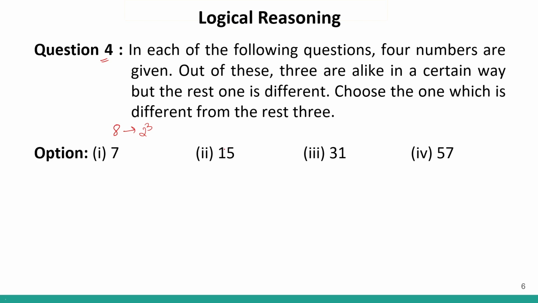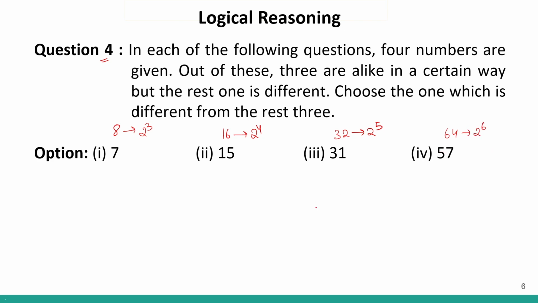Similarly, if I see a number very close to it, 16. 16 is 2 raised to the power 4. If I see a number very close to it, 32, which is 2 raised to the power 5, and around 57, I can see 64, which is 2 raised to the power 6.